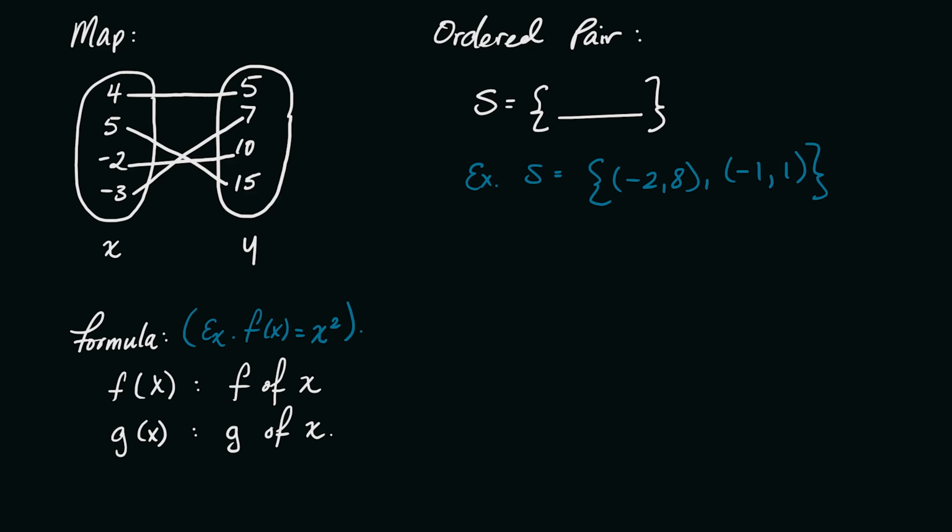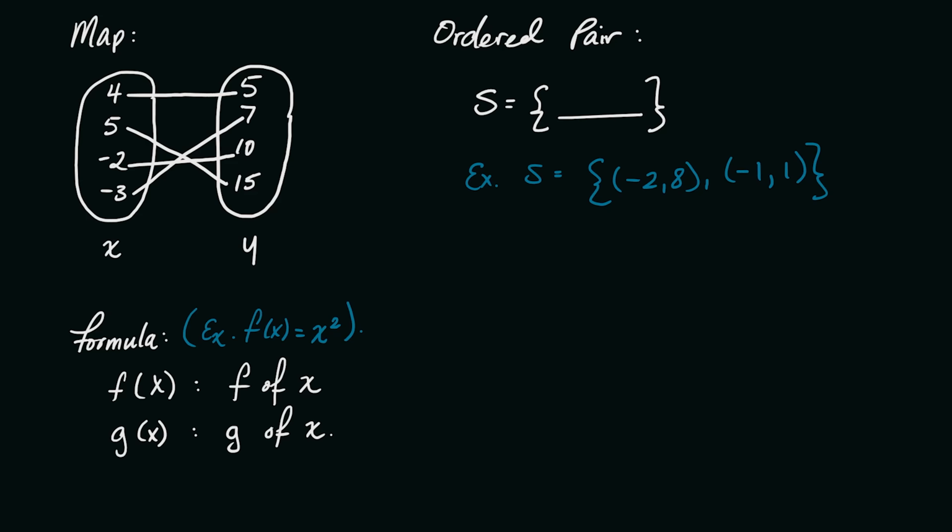In this case, the function is x squared. So let's say you want to find f of 5. Then you just do f of 5 equals 5 squared, because the original function was just x squared. And 5 squared equals 25, which is just evaluating the function.